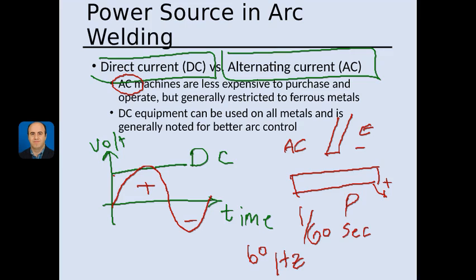But the DC machine is going to be a little more expensive, because you need an additional component in that machine to convert AC to DC voltage. And DC can be used for most of the metals, and it's good for arc control. The arc can be controlled better.